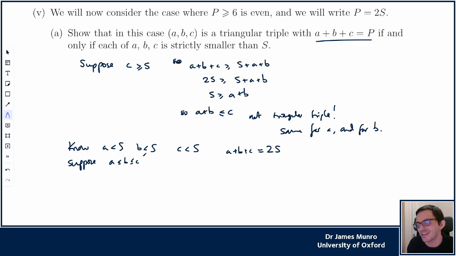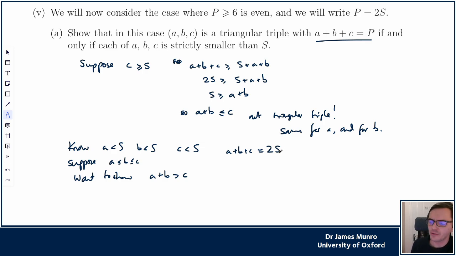We want to show that a plus b is bigger than c. Is that obvious right now? I would say no, that's not obvious right now. Let's try plugging in what we know into the expression that we've got.